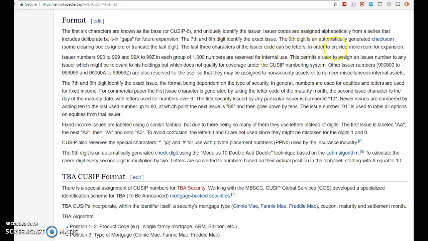The 9th digit is an automatically generated checksum. Some clearing bodies ignore the last digit. The last 3 characters of the issuer code can be letters, in order to provide more room for expansion. Hear what I'm saying? The last 3 characters of the issuer code can be letters.